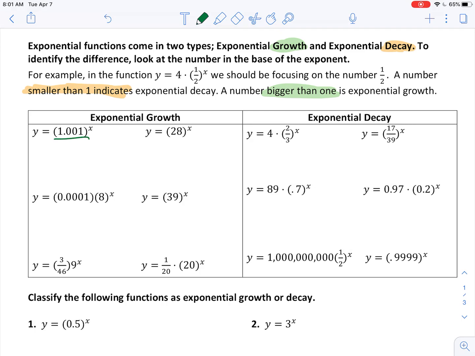So here are some examples of exponential growth and exponential decay functions. You can see here it doesn't matter how much bigger than 1 this base is going to be. As long as it's just a little bit bigger than 1, that's what counts. And if you're ever unsure, you can always circle the power, or that number that has x in the exponent.